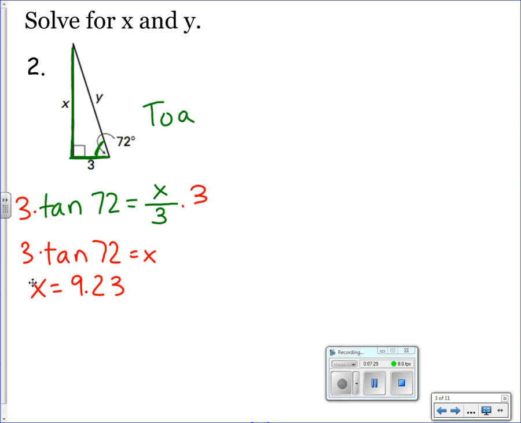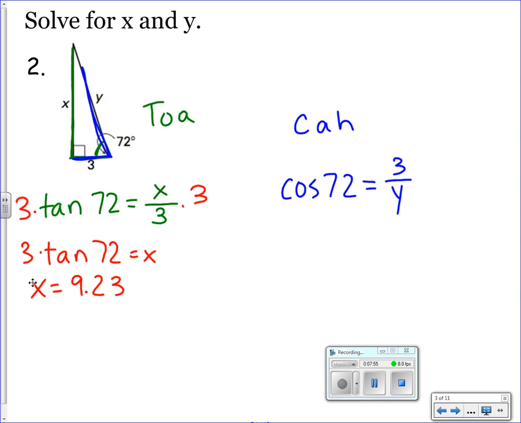Now to find y. I'm given the adjacent, but I need to find the hypotenuse. Adjacent, hypotenuse is cosine. So the cosine of 72 is the adjacent over the hypotenuse. Now that's a little different than we've seen before.